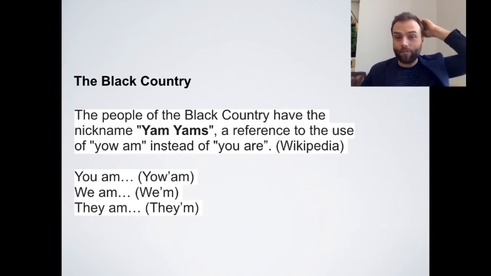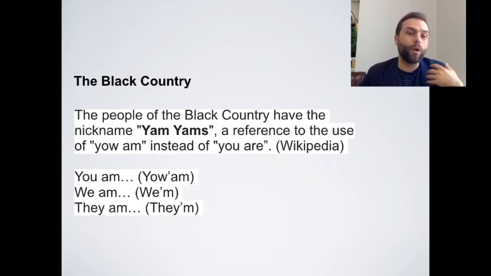Okay, so they have this nickname, yam yam, because when you listen to them talking, it sounds like yam yam. Okay? So in this area, they conjugate you are to you am, but also we am and they am. Okay, so in speaking, yow am, wim, them.